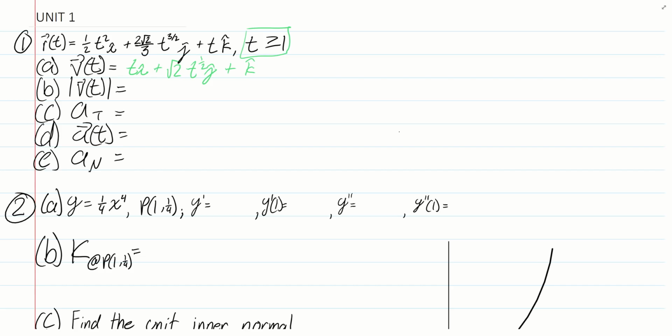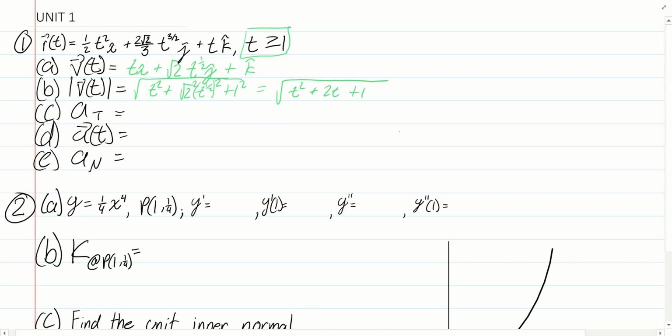So now we need to find the magnitude or speed for this function. So it's going to be the square root of t squared plus square root of 2 squared t to the 1/2 squared plus 1 squared. And this will equal the square root of t squared plus 2t plus 1.